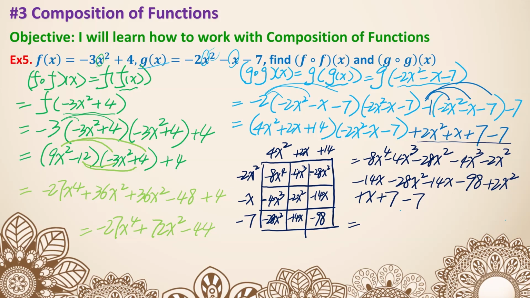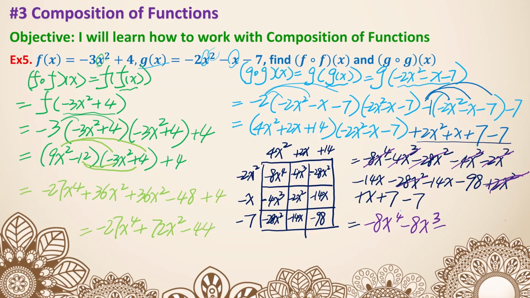Let's start with the fourth power. We only have one of them, negative 8x to the fourth power. Then the cubes, a negative 4x cubed, another negative 4x cubed, so it's negative 8x cubed. Squares, negative 28x squared minus 2, so that's negative 30. And then another negative 28, so it's negative 58, and then plus 2.